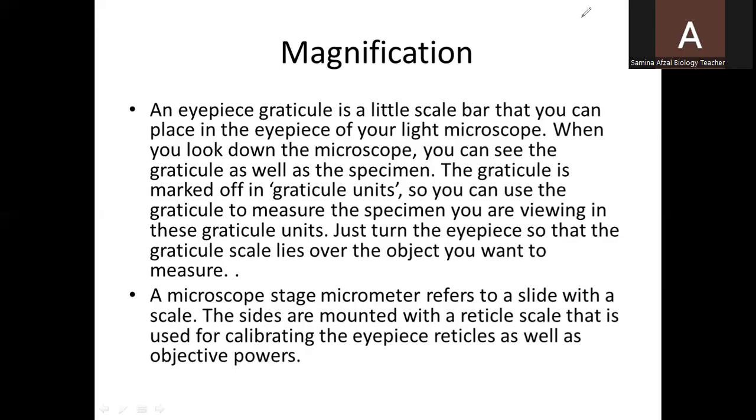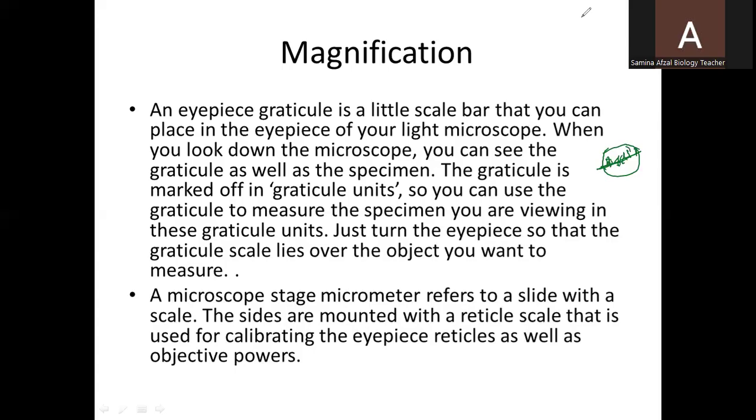When you look down the microscope, you can see the reticule as well as the specimen. For example, if this is the cell, the scale will be over it. So with the help of the scale, you can measure it.